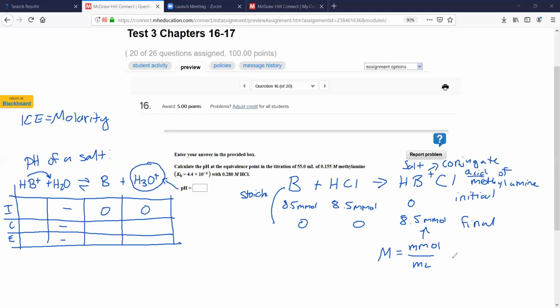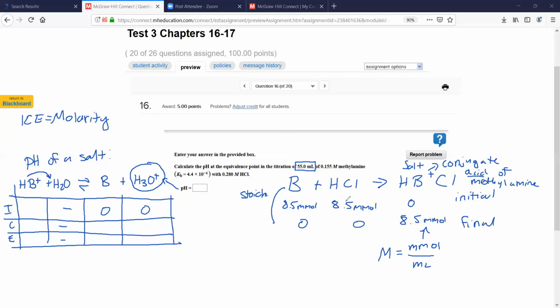How do I figure out how many milliliters I have, though? Looking at what you started with, I started with 55, but am I still just 55 milliliters, or have I increased?